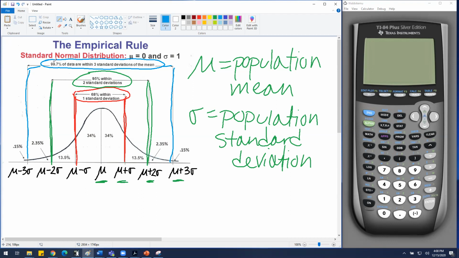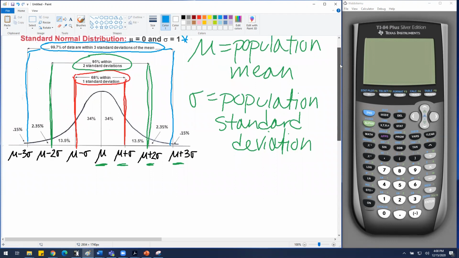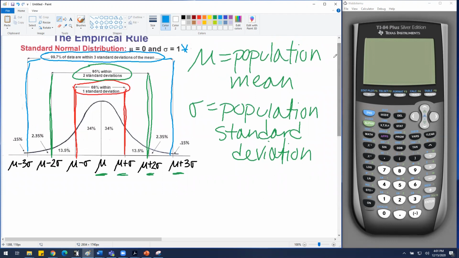If your mean is 0 and your standard deviation is 1, as given here at the top, then your curve will look as follows. You would start with the mean in the middle, 0, and then the mean plus a standard deviation, the mean plus 2 times your standard deviation, your mean plus 3 times your standard deviation.